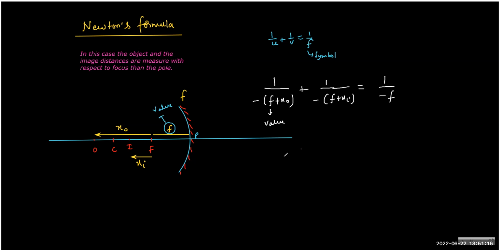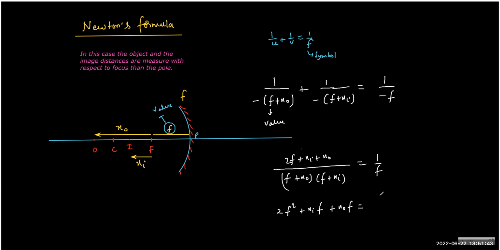So now we can take the LCM and the minus signs cancel out, so you can write 2f plus xi plus x naught over f plus x naught into f plus xi equals 1 by f. Let's multiply both sides: 2f square plus xi f plus x naught f equals, if you do this calculation, f square plus f xi plus f x naught plus xi x naught.